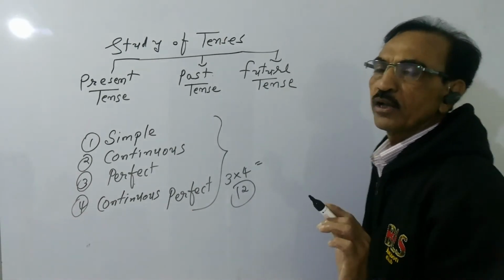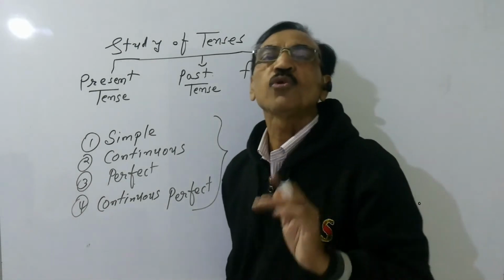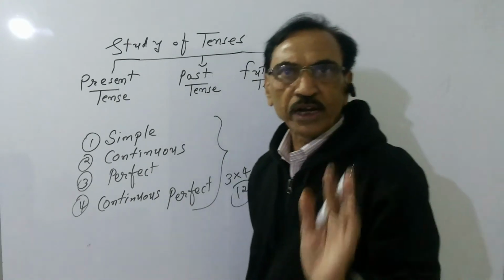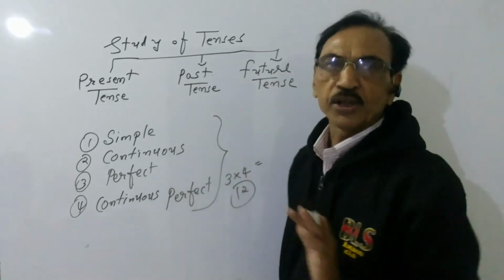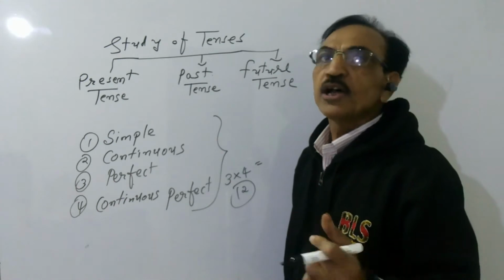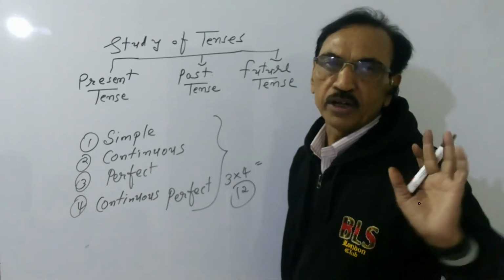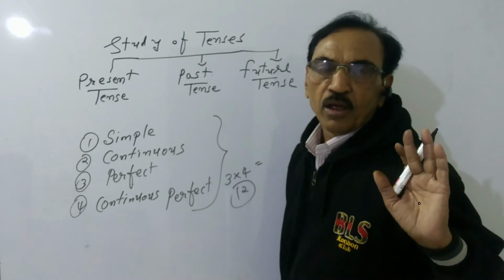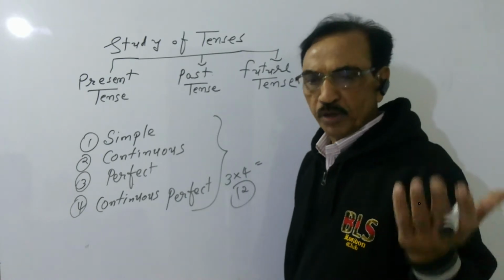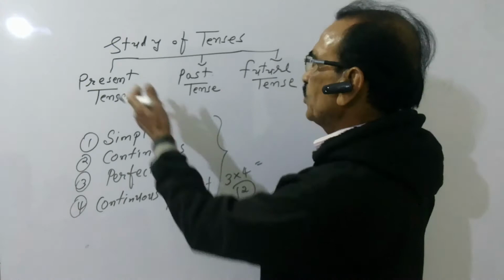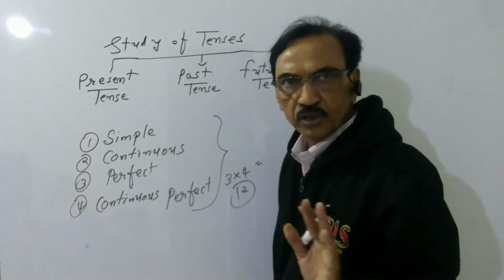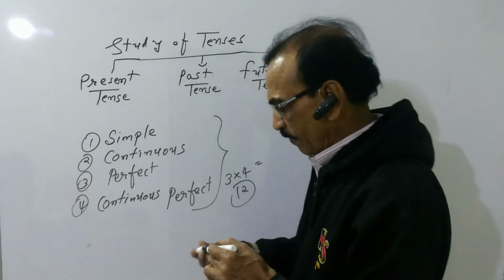Before we go in depth into tenses, we should at least remember the names of the tenses. If somebody asks you how many tenses there are, your reply should be a total of 12 tenses. Which are those? You should be able to name them. Is it clear, friends? Okay.